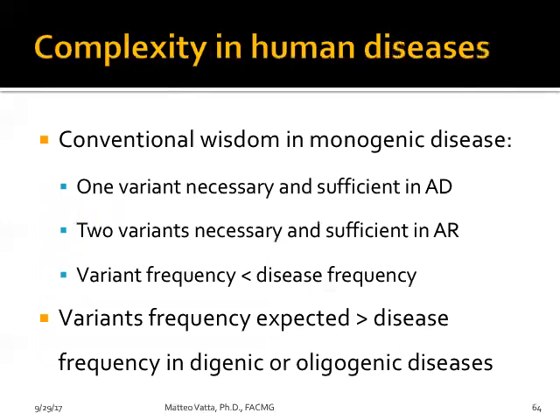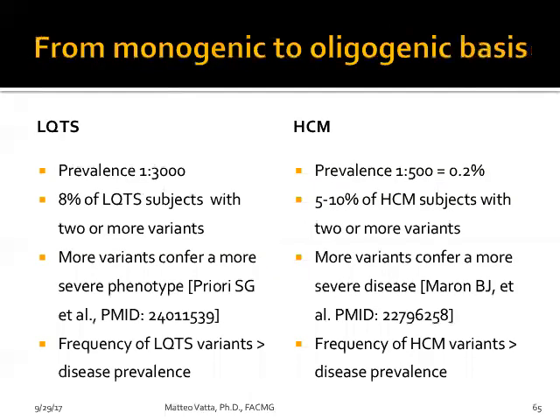And the variant frequency has always to be less frequent than the disease frequency. But sometimes the expected variant frequency is more than the disease frequency in cases where there are multiple genes involved. And so there are digenic or oligogenic diseases that are present in the population.